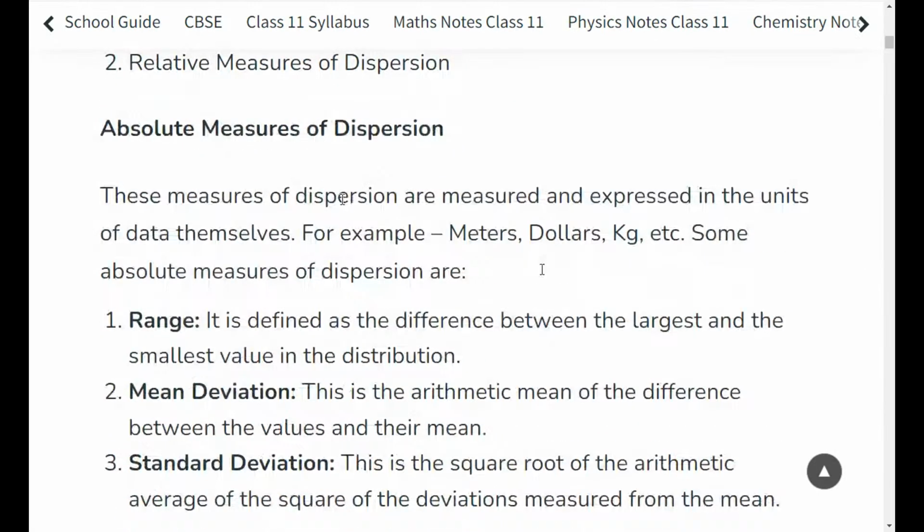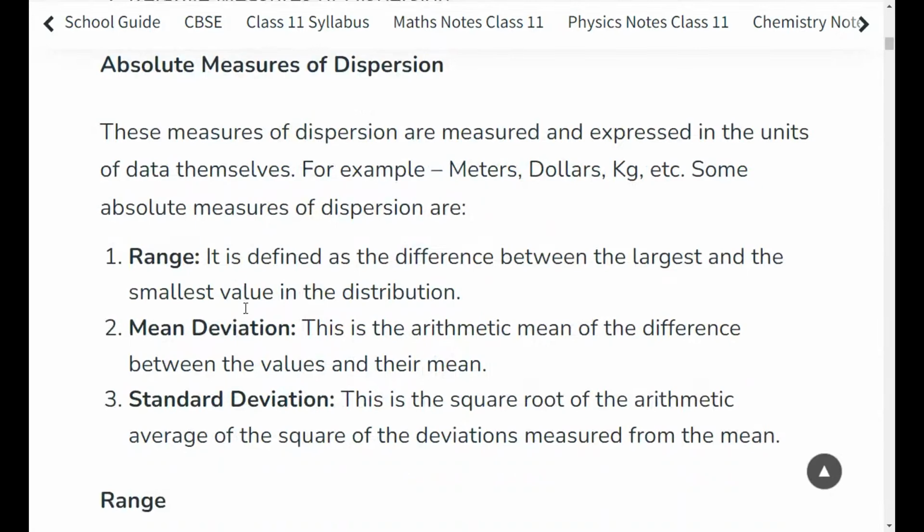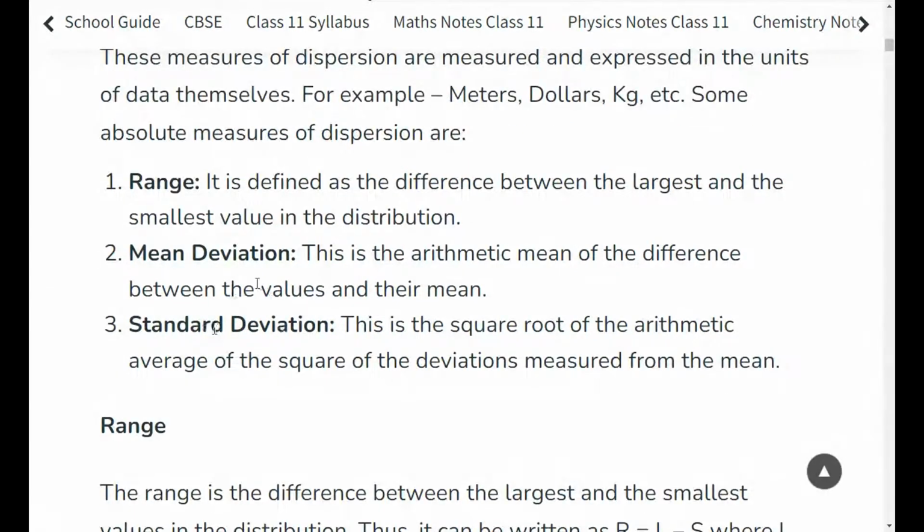Absolute measures of dispersion are measured and expressed in the units of the data, for example meters, dollars, kg. All of them are units to measure the dispersion. Range, mean deviation, and the standard deviation. We saw this and this.